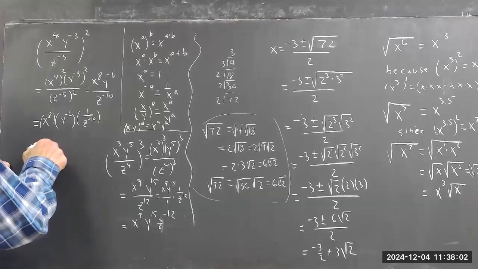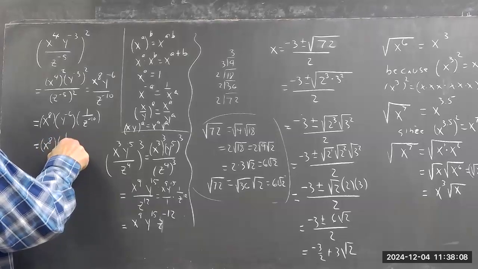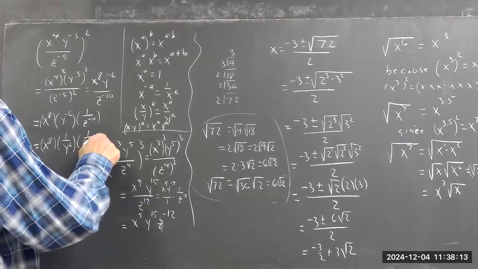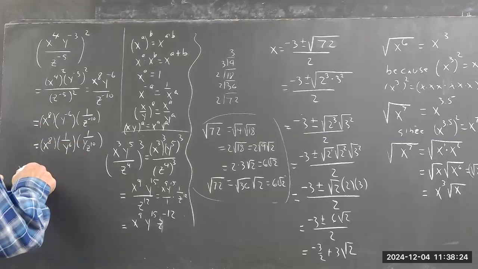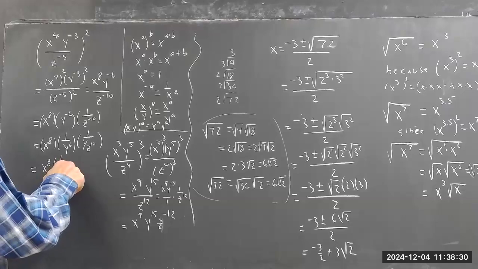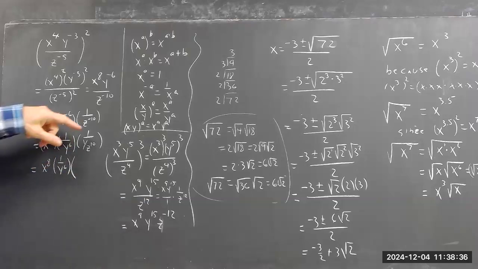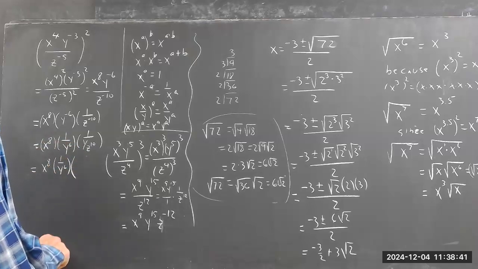All right. So that equals x to the 8th times 1 over y to the 6th times 1 over z to the 10th. So z to the negative 10th is the reciprocal of z to the 10th. So that equals x to the 8th times 1 over y to the 6th times 1 divided by 1 over z to the 10th. Let me write that down here.